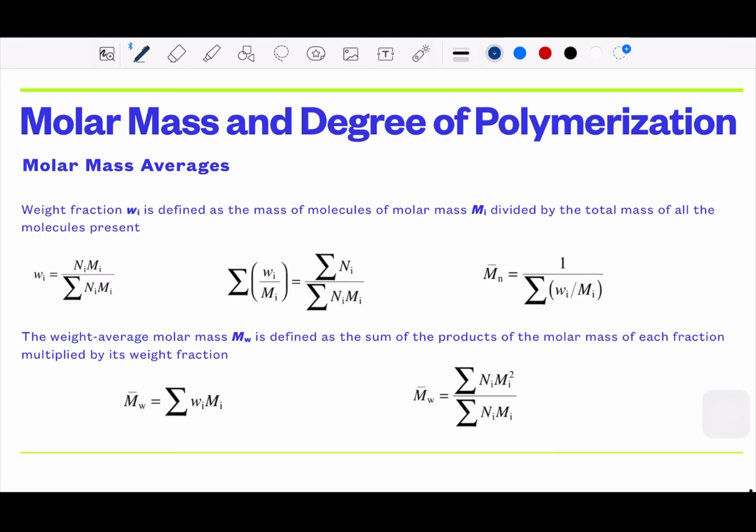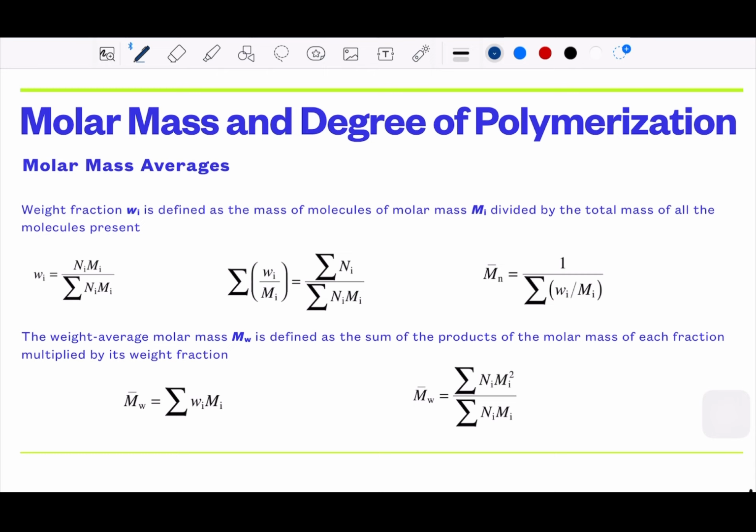Now the definition of the average molar mass: the weight average molar mass is defined as the sum of the weight fraction multiplied by the molar mass. And we can take this part from the previous equations, rewrite and simplify it, so that the average molar mass is equal to the sum of N_i M_i squared divided by the sum of N_i M_i.